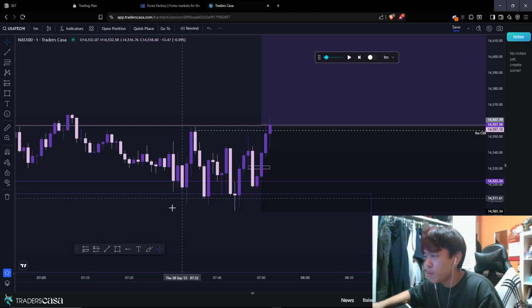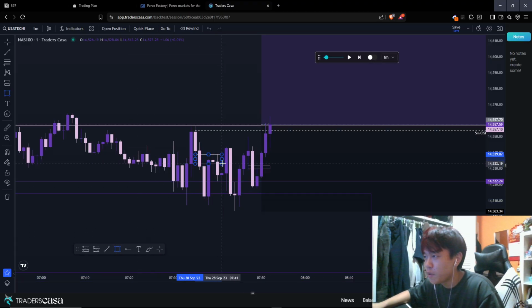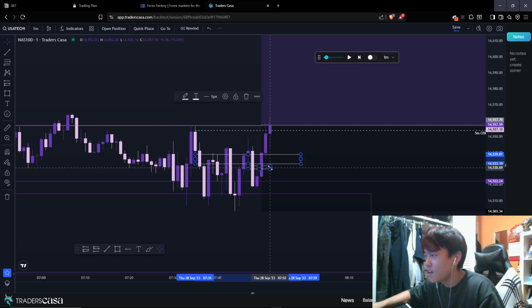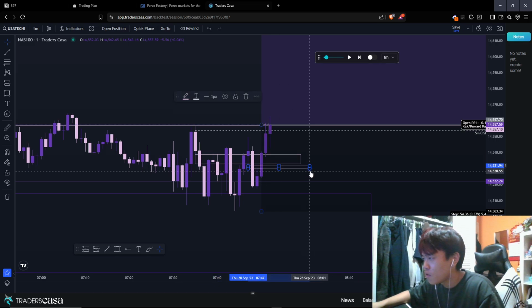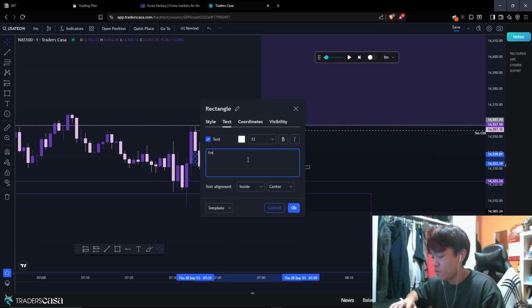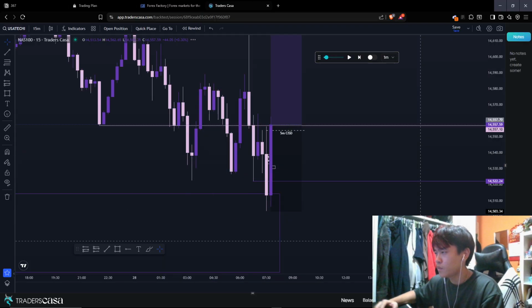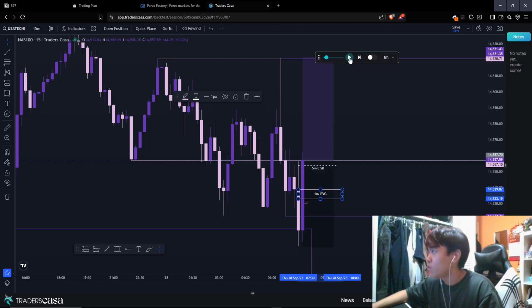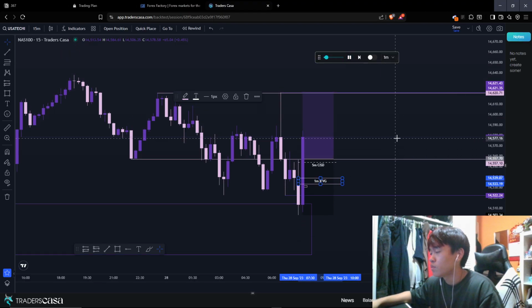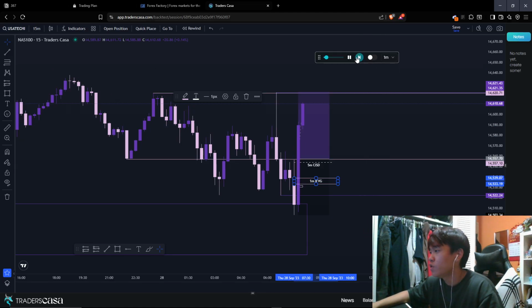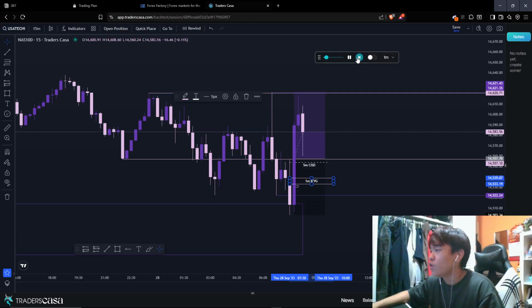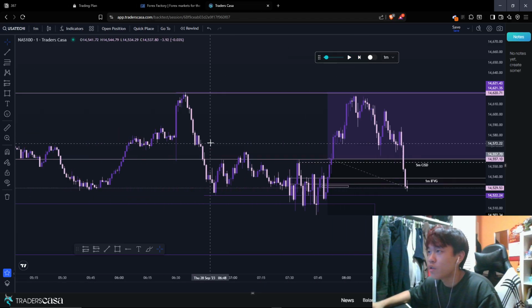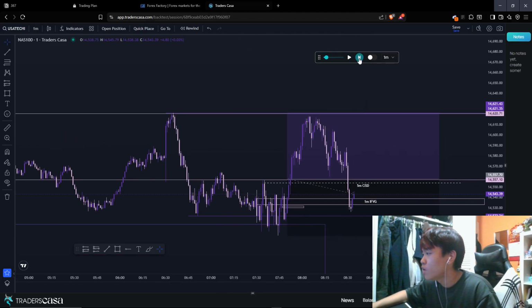You get this little inverse fair value gap right here. Label it for the love of the game, why not? Literally play it out, and it is taking a while. Wow, we're literally edging here.